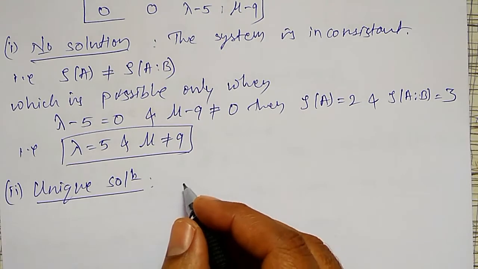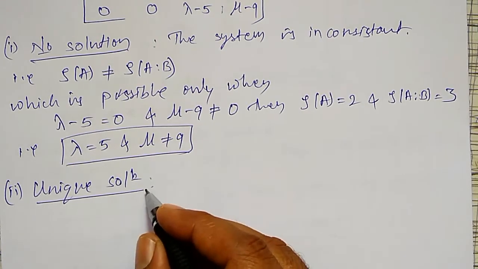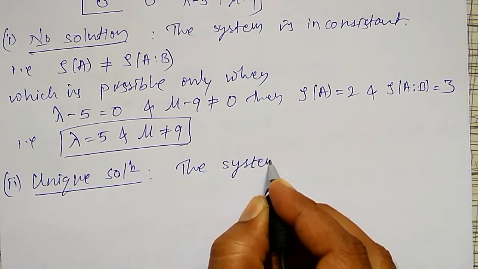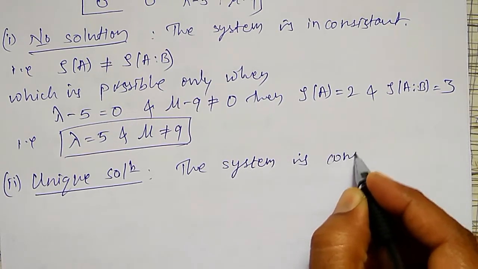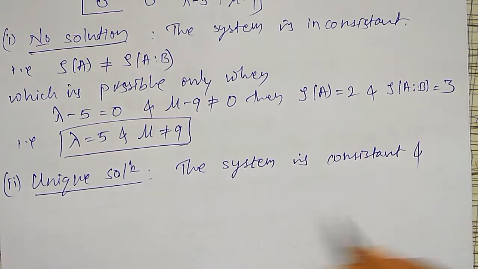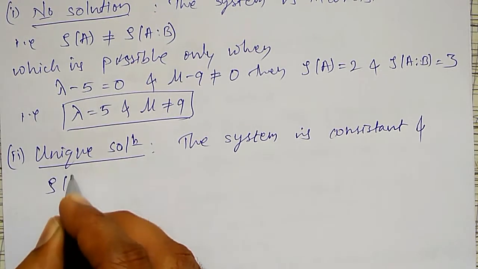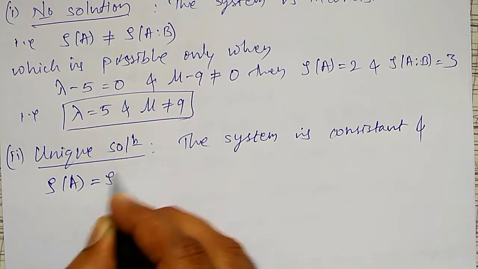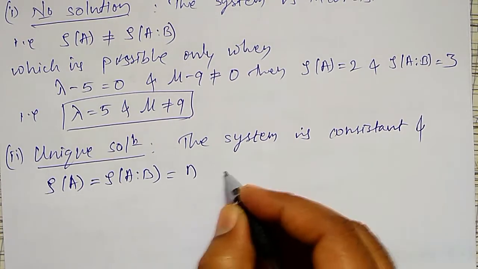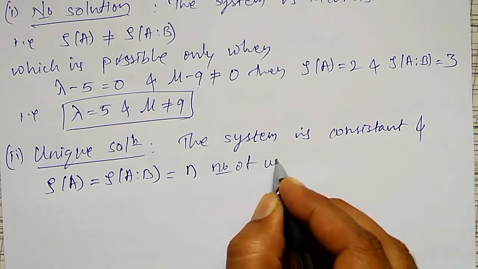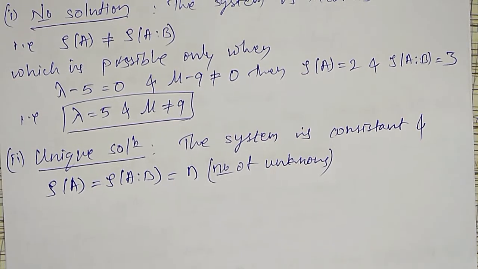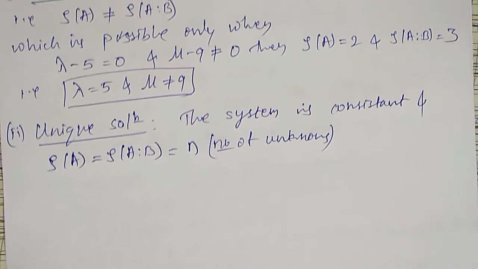The system is consistent, and a unique solution exists whenever the system is consistent, and rank of A must be equal to rank of A colon B, and also must be equal to n, that is, the number of unknowns. Then only the system has a unique solution.